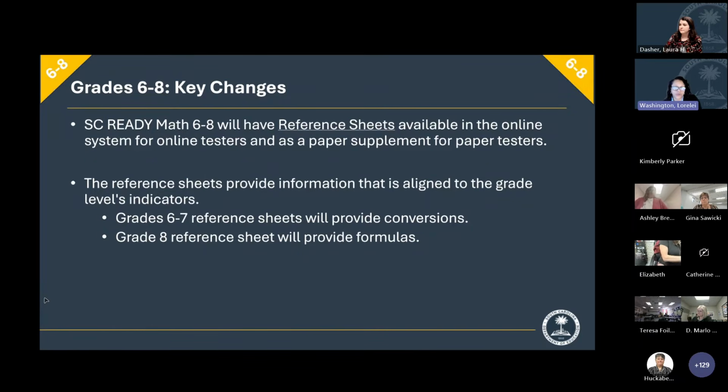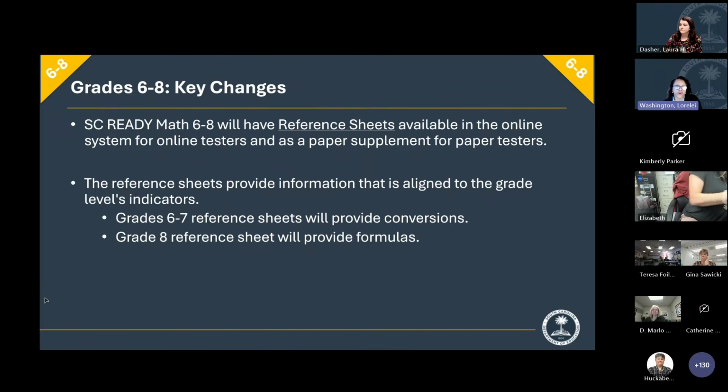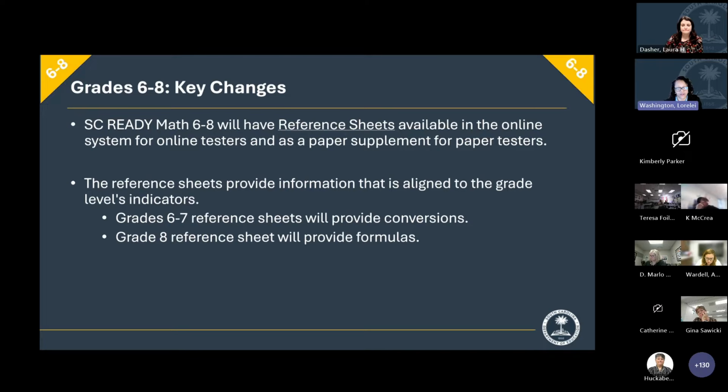So for example, for grades 6 and 7, the reference sheets will provide just measurement conversions. And for grade 8, the reference sheet will provide formulas as indicated on the standards. And just like Laura said, the information on the reference sheets was decided by a committee of teachers when they did the standards.